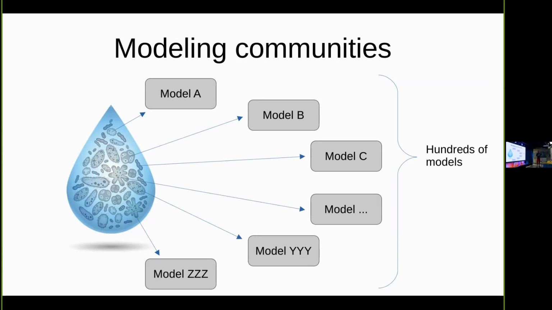The reason is that, first, it's going to be impossible to compute and simulate because it's going to require a lot of power. And also, to parameterize those models, you will need a lot of data that we don't have right now. How microorganisms interact is something very complicated to infer. So to me, that's not the right way to do it.